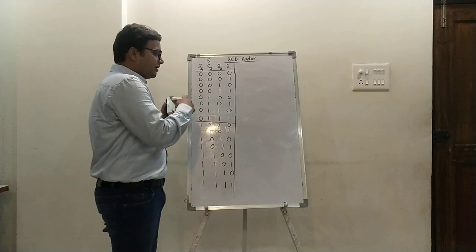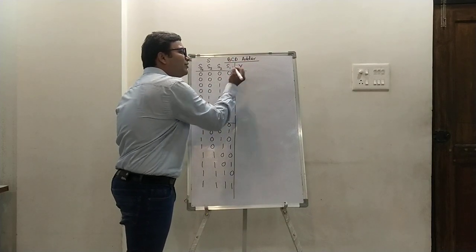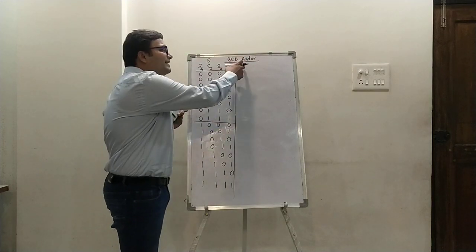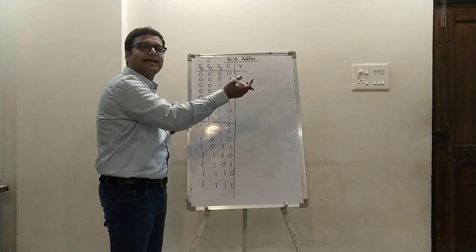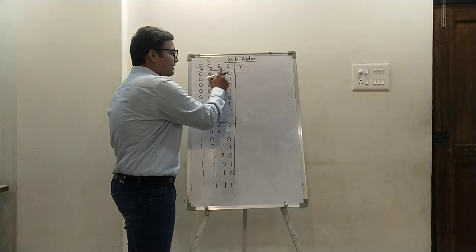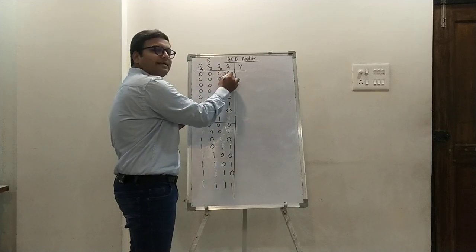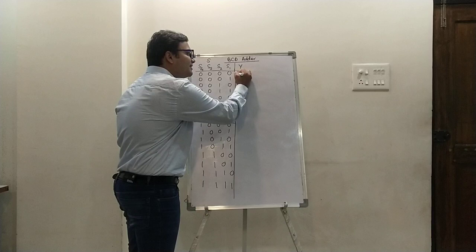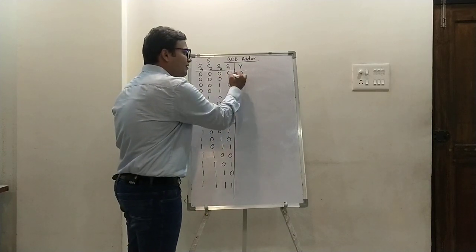Now, what is the output of the combinational circuit which I am going to design? The output Y resembles when the sum is greater than 9. If the BCD sum is not greater than 9, the output is 0.